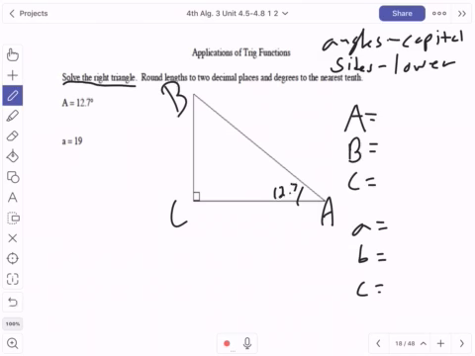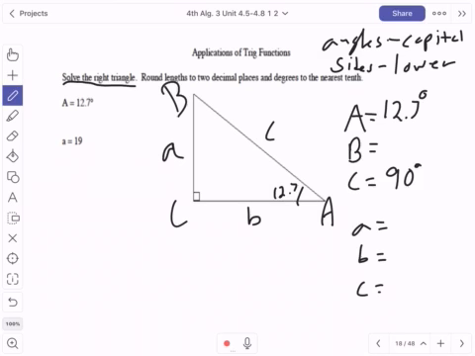Since this triangle is labeled ABC, we're going to use the known information. I know that angle A is 12.7, and I know that side a is 19. One thing I also know is angle C is 90 degrees. So I'm going to leave C to be 90 degrees. Now, how many degrees are in a triangle?